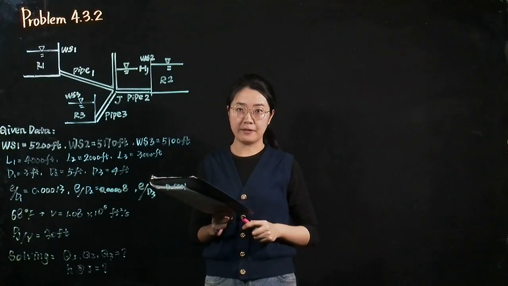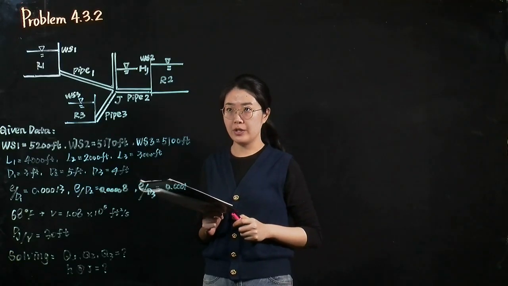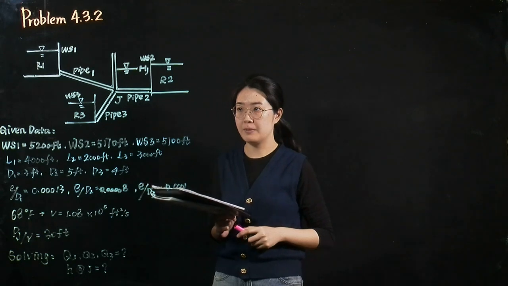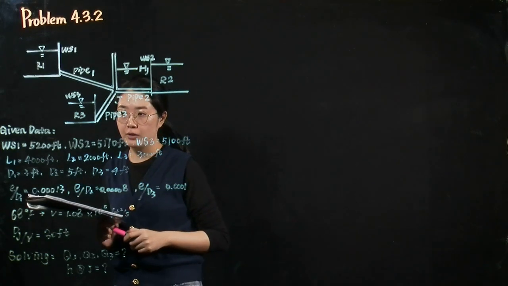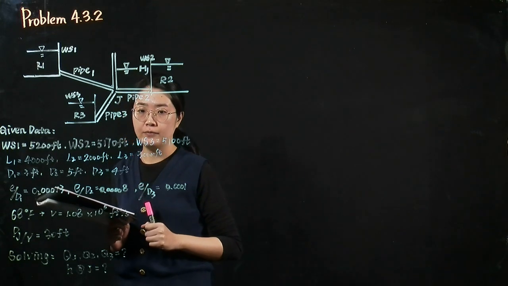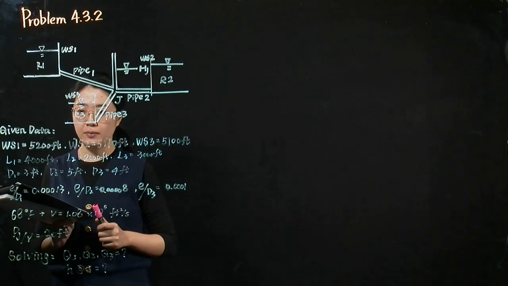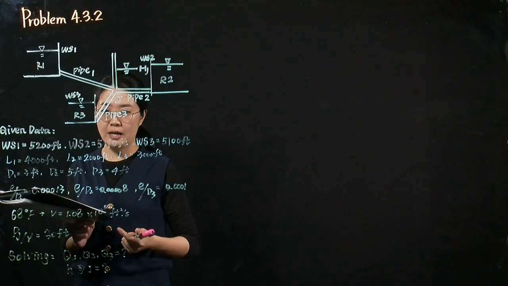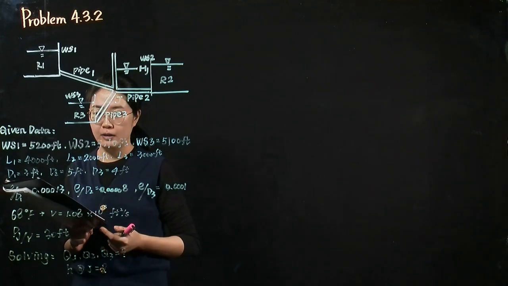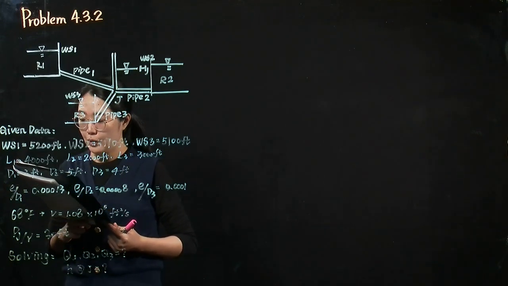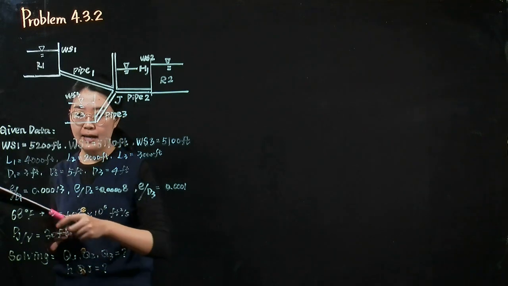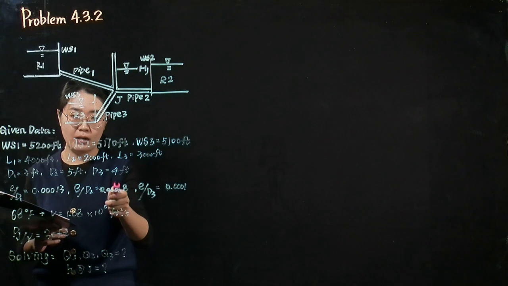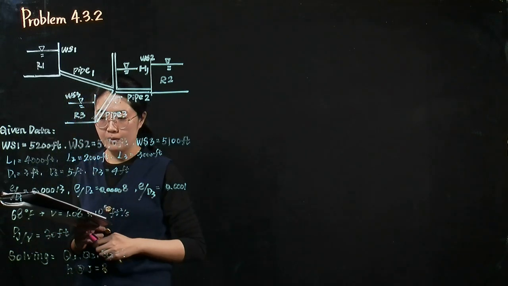Problem 5 is a 3 reservoir problem. It provides us the information about the elevation of the water surface, and also the length and the diameter of each pipe. The roughness of the pipe is also given, so we can calculate the relative roughness of each pipe.